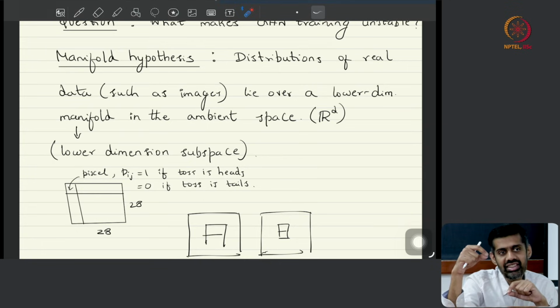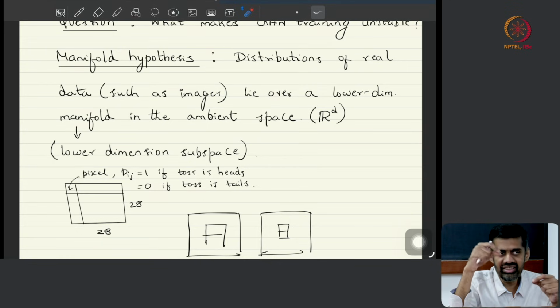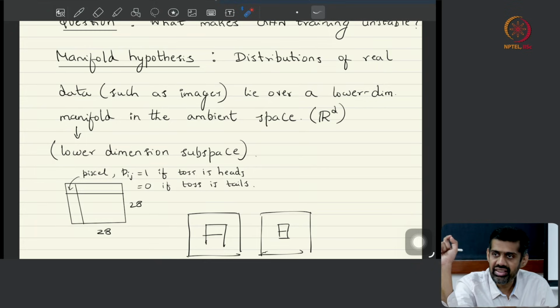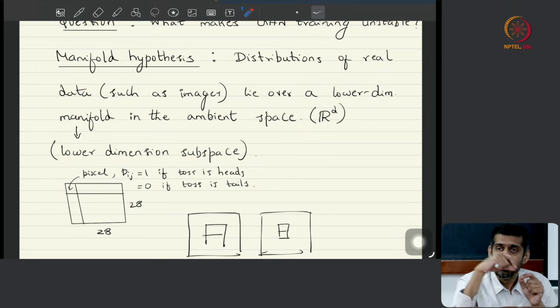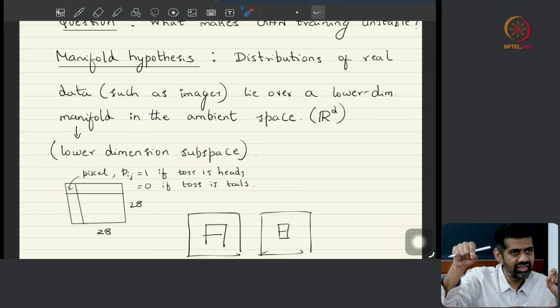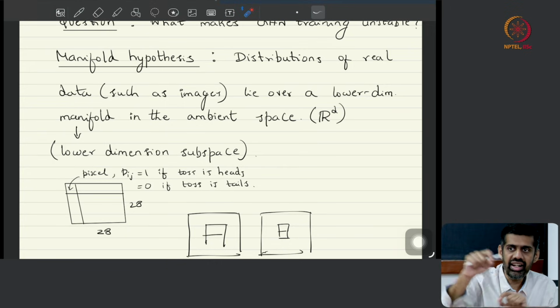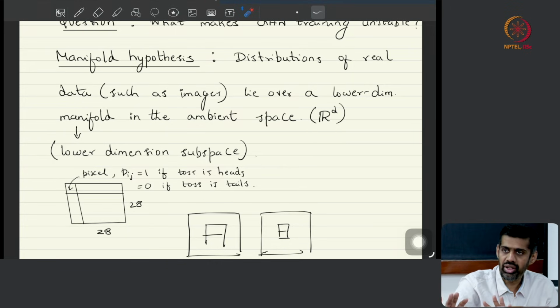Why R3? Because the space that we live in is R3. Now a thread in 3 dimensions can be looked at as a one dimensional manifold in R3. Do you see what I mean? Okay. Basically what I am saying is there exists a bijection between the points that are on the manifold and a low dimensional subspace, is what I mean when I say that I have a manifold.